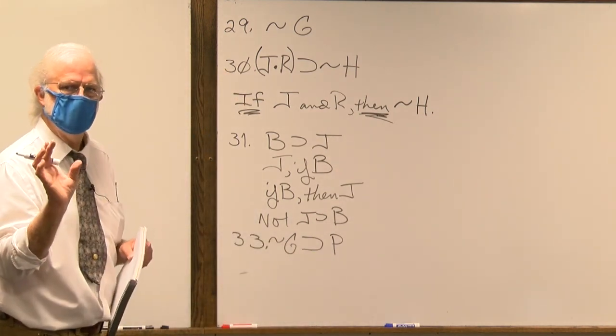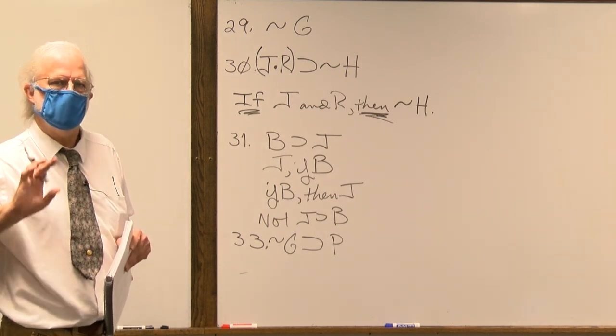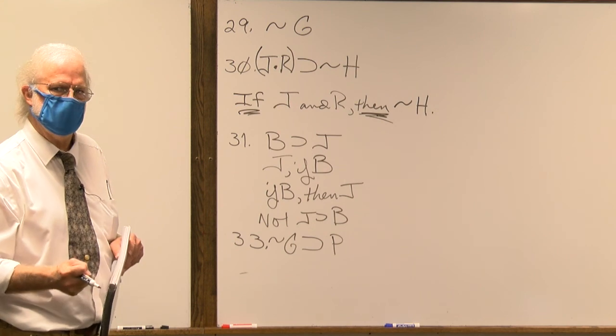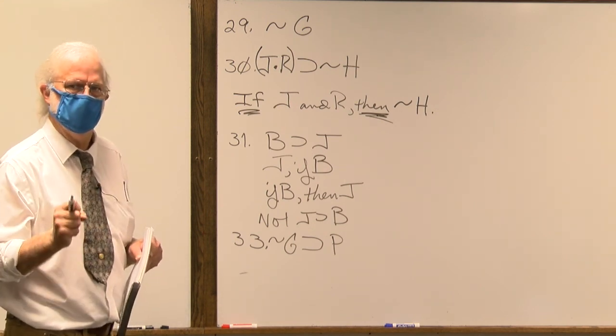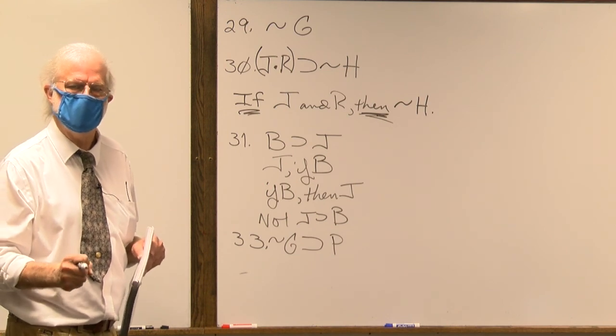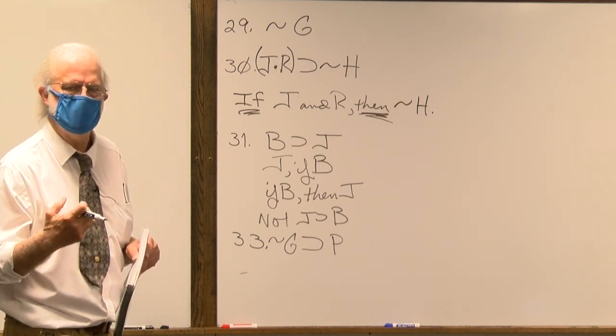Again, the glitch is a negation word that is not going to be all that obvious. We have to read carefully. One of the great values of studying logic is it improves your reading comprehension, your reading ability.